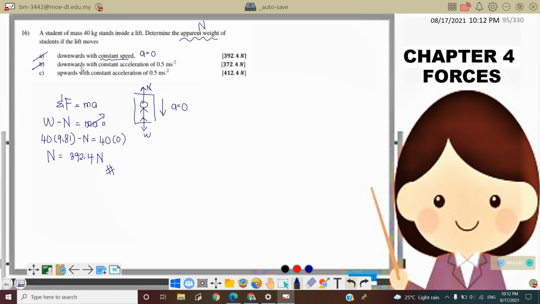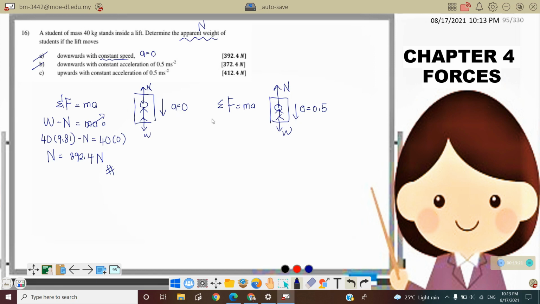Next we go to 16B. 16B is the lift downward with constant acceleration. Again F equals to ma. For this case, the lift is downward, but the acceleration is not 0. Acceleration is 0.5 meter per second square. Here we have weight and also normal. We must refer back to the motion.